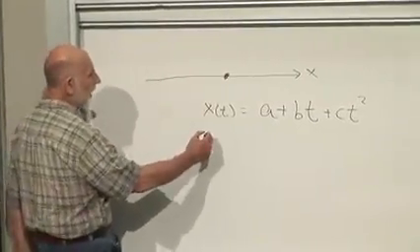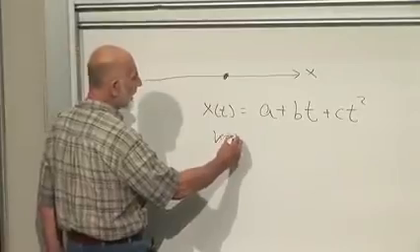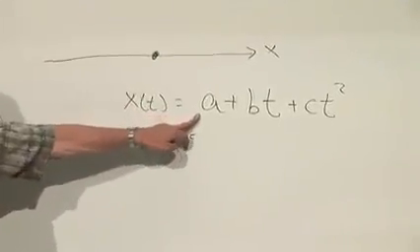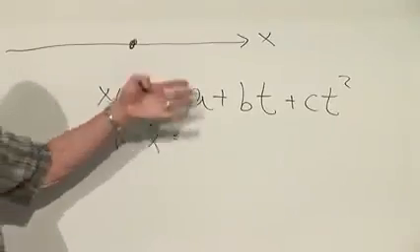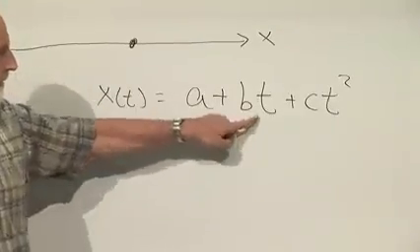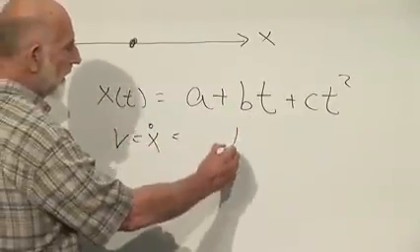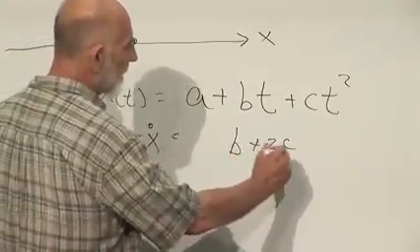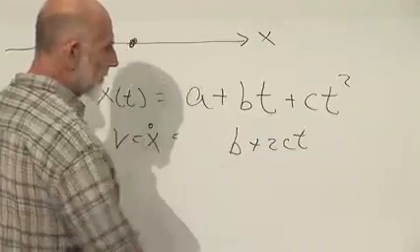To calculate the velocity, we write x dot, and that's the first time derivative. The derivative of a is 0. It's just a constant. The derivative of b times t is b. And the derivative of ct squared is 2ct.